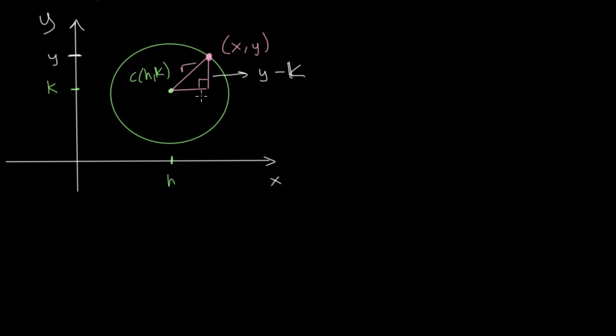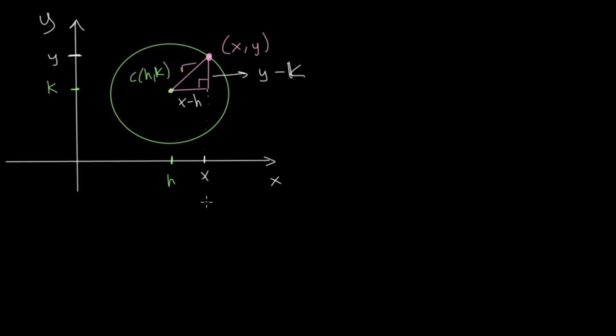And likewise, for the x coordinates for this horizontal side, notice that this would have an x value of x at its rightmost edge. And right here, this has an x value of h. So this distance here would just be x minus h.